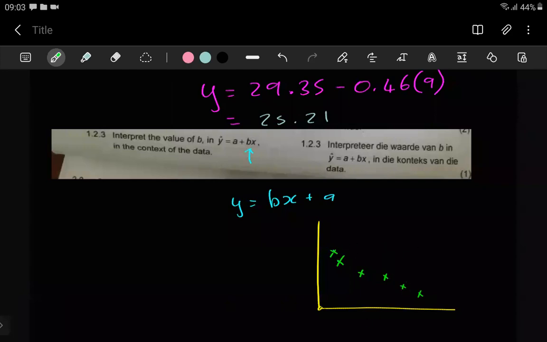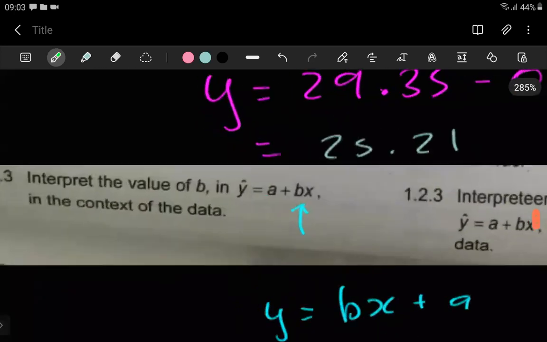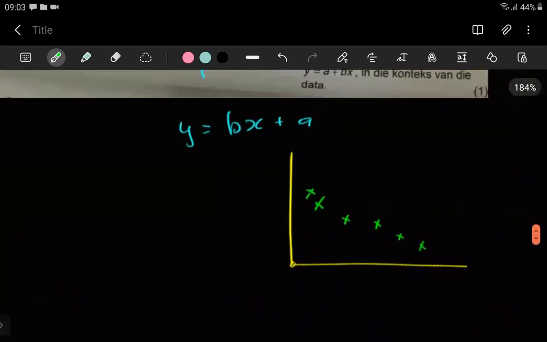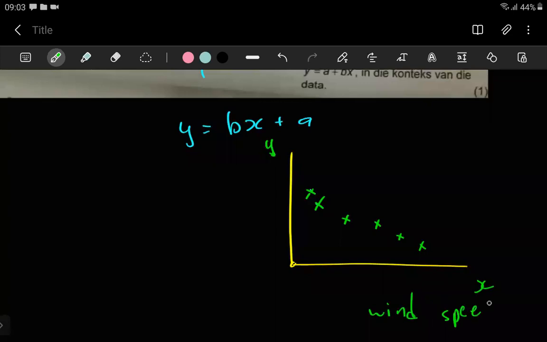So remember, if they say interpret the value of b, this is like the x-axis, this is like the y-axis. The x-axis is telling us the wind speed, remember? And then the y-axis is telling us what again? The temperature.